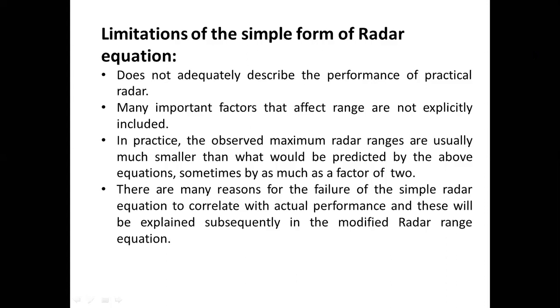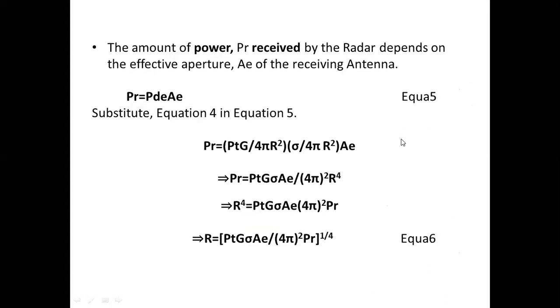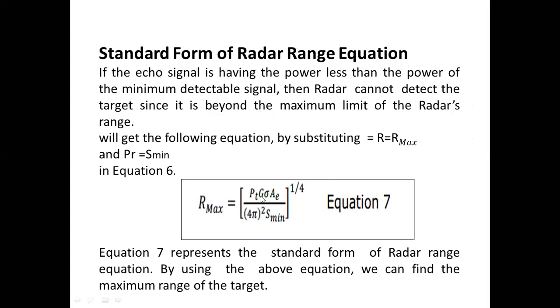Actual performance means, if you are taking all these attributes like transmitted power, gain, radar cross section, transmitting antenna aperture, received antenna aperture area, received power, and phase propagation, all these depend upon these parameters.